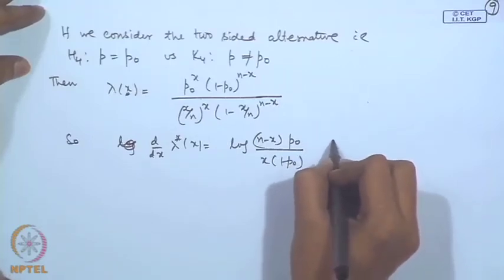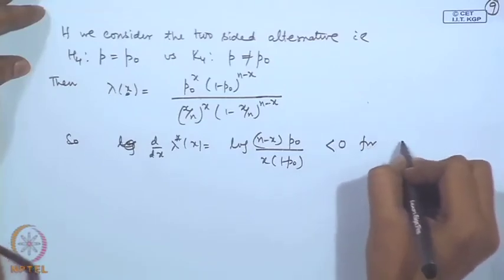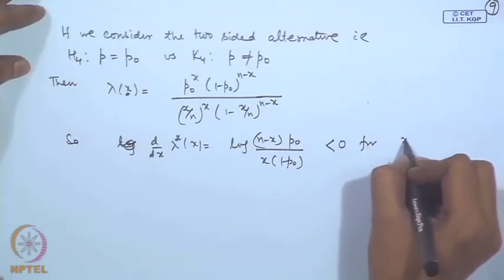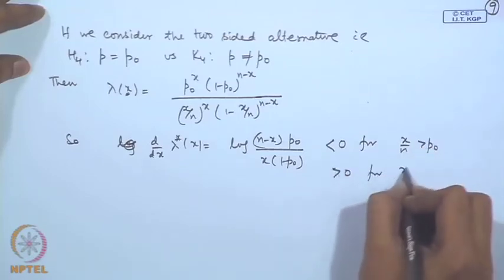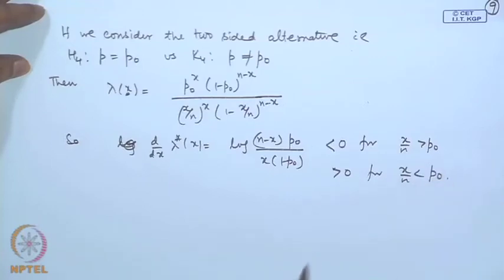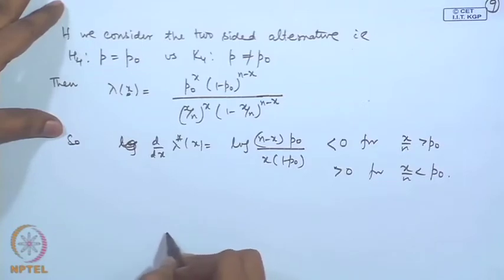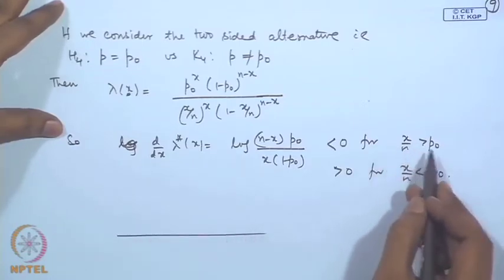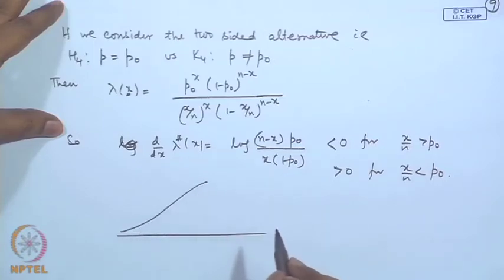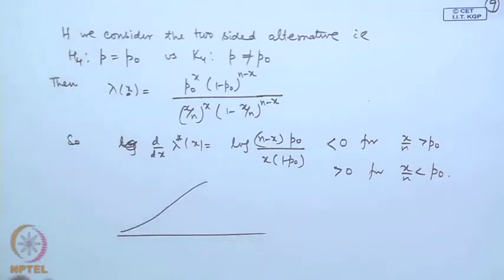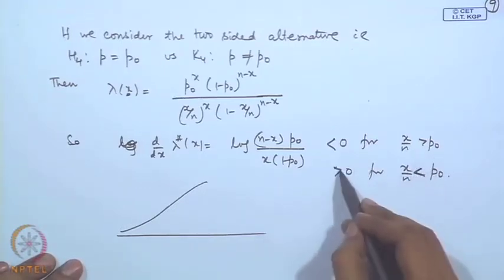So, this is less than 0 for x by n greater than P naught, and it is greater than 0 for x by n less than P naught. So, the nature of the function is that for x by n less than P naught, it is increasing.